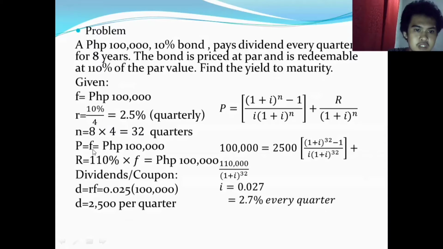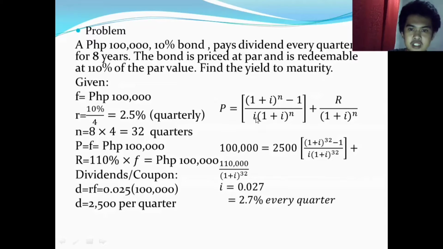P equals F equals 100,000 pesos. R equals 110% times F, which is 110,000 pesos. Dividends or coupon D equals rF equals 0.025 times 100,000, so D equals 2,500 per quarter.